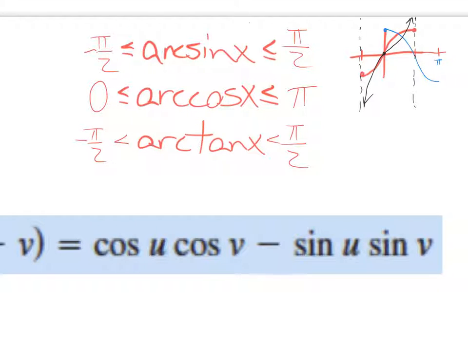This is why, when you hit the inverse sine button on your calculator, it always gives you a value between negative 90 and 90, or negative pi over 2 and pi over 2. But when you hit inverse cosine, it'll always give you a number between 0 and pi. And when you hit inverse tangent, it always gives you a number between negative pi over 2 and pi over 2.